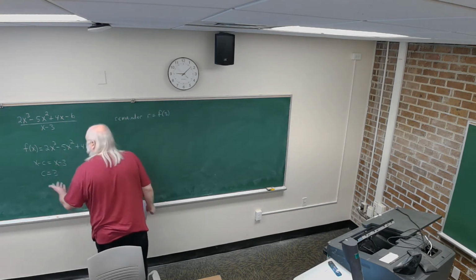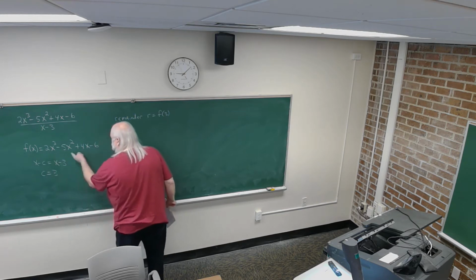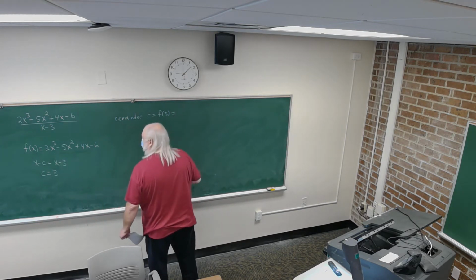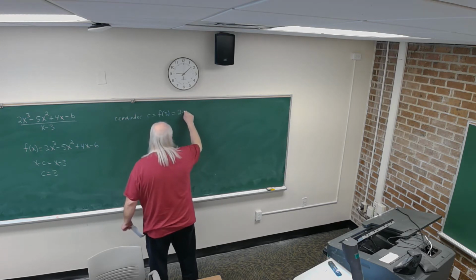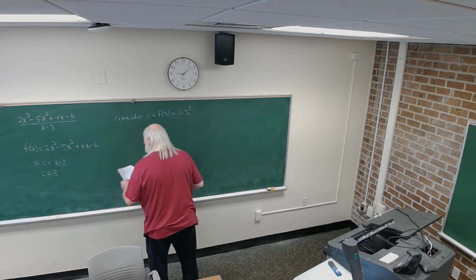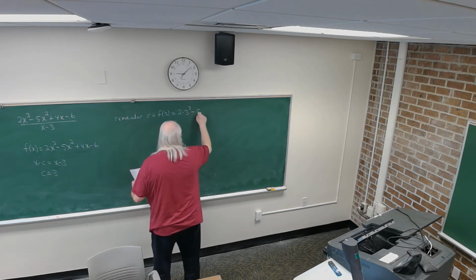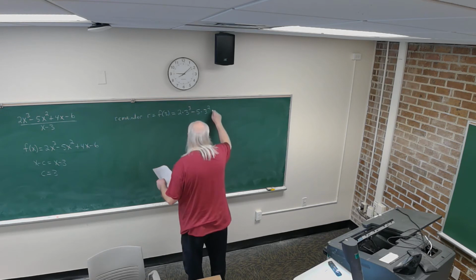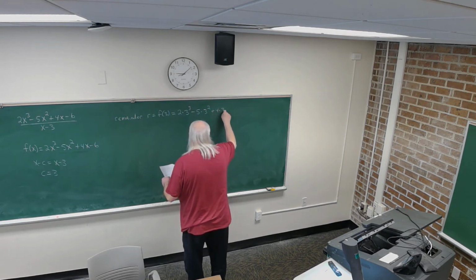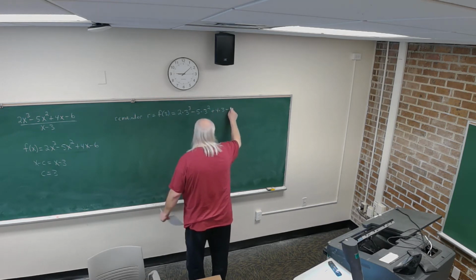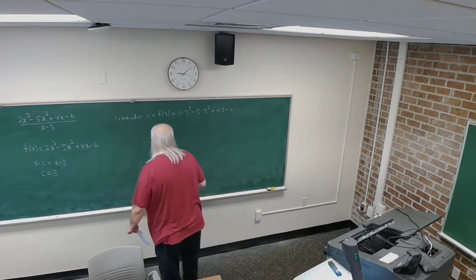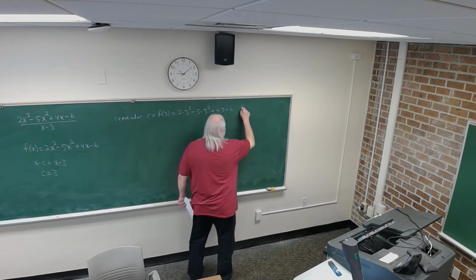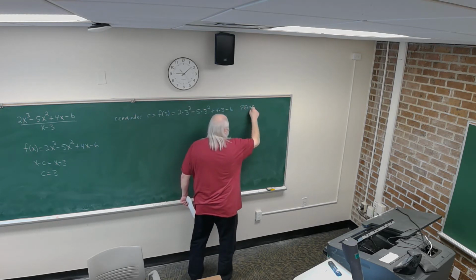And to evaluate f of x at x equals 3, we just put 3 in for x on the right hand side. And we have 2 times 3 cubed minus 5 times 3 squared plus 4 times 3 minus 6. To do that arithmetic, you have to follow the order of operations, PEMDAS.